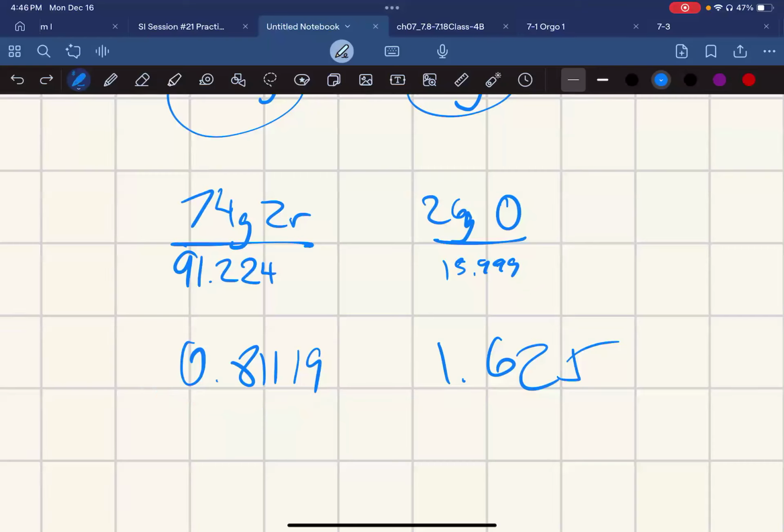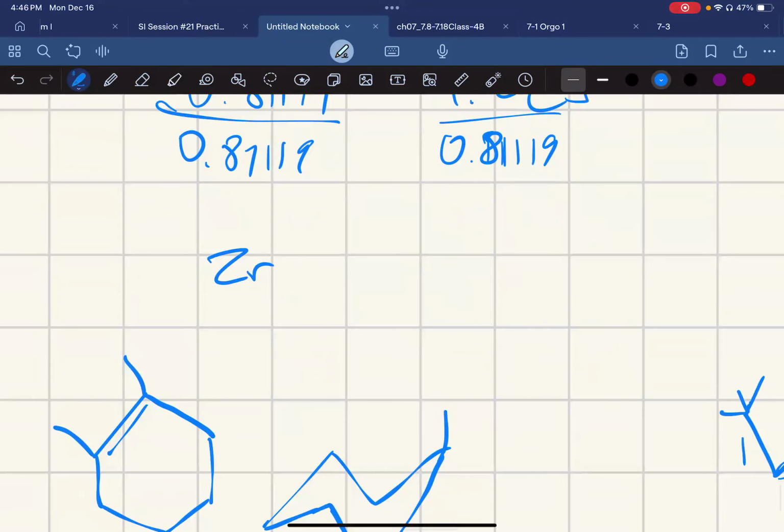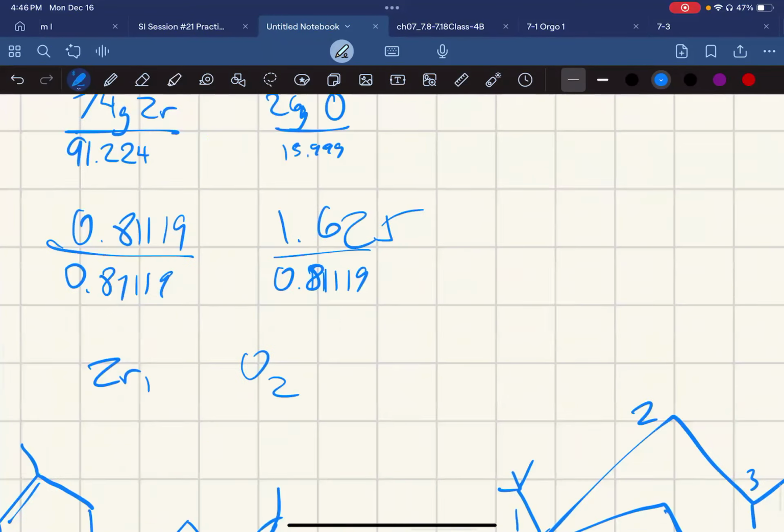But let's divide it out to make sure. We divide by the lowest one. On the calculator, you can just use the exact numbers; you don't need to retype them. So here zirconium equals 1 and oxygen equals 2. So the correct answer for this would be ZrO2.